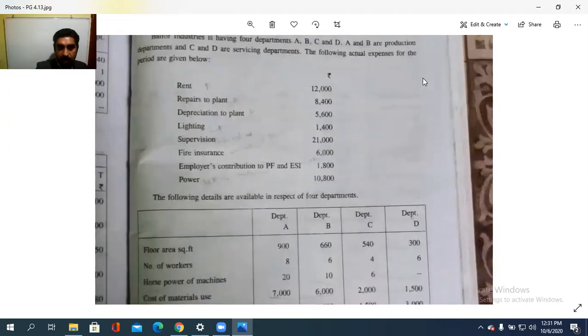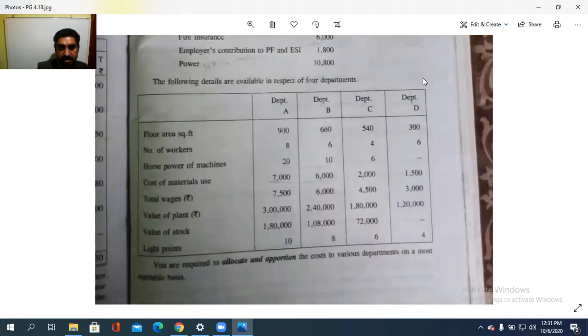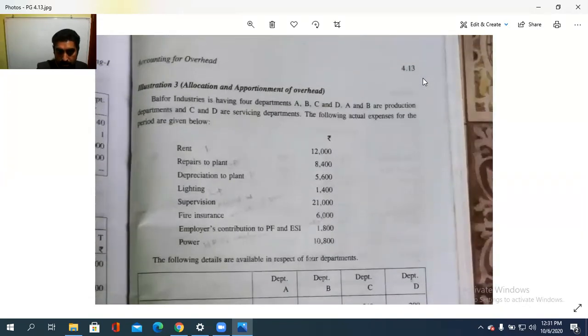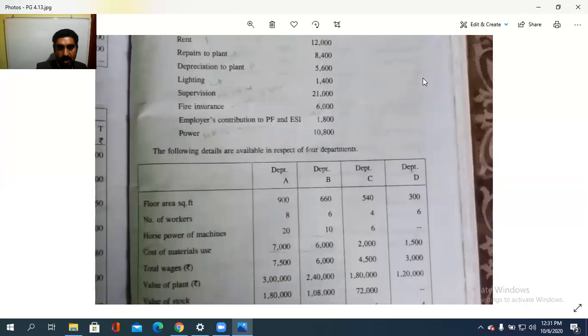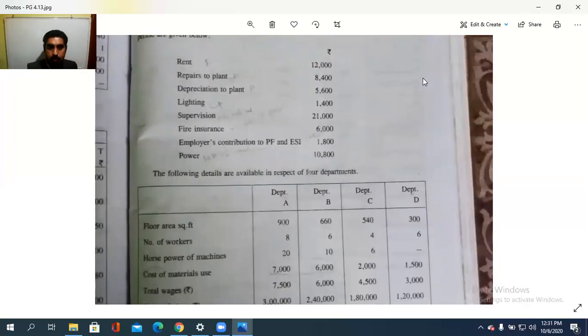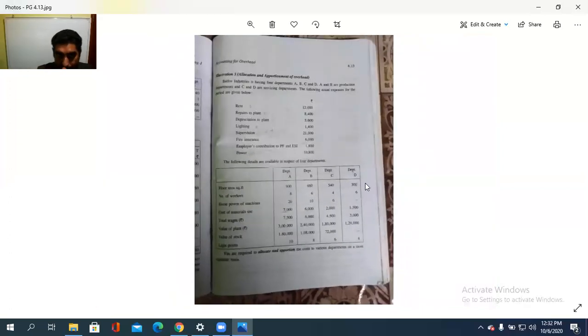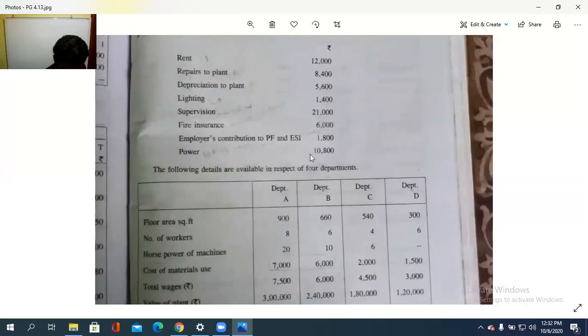Then fire insurance, what is that? Value of stock. Then employees' contribution to PF and ESI, wages, isn't it? Total wages is given, and power, horsepower of machine. This is to be apportioned. So in what way do we need to do it? In this way we need to do it.